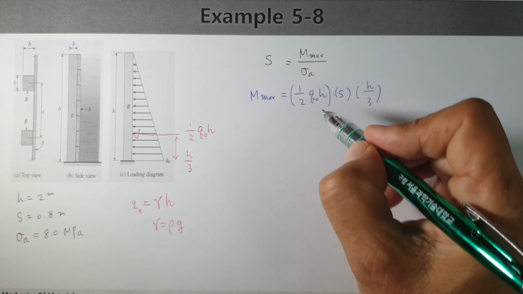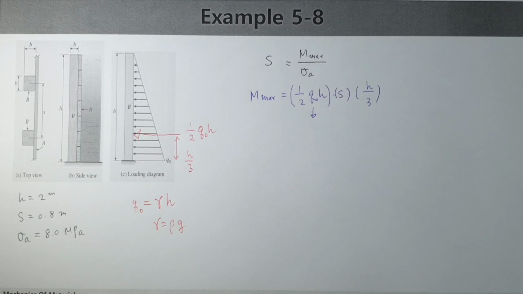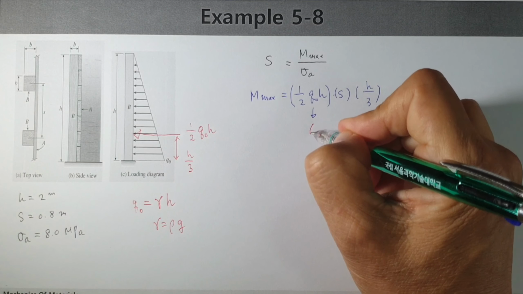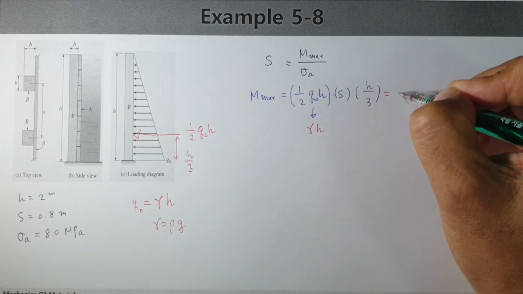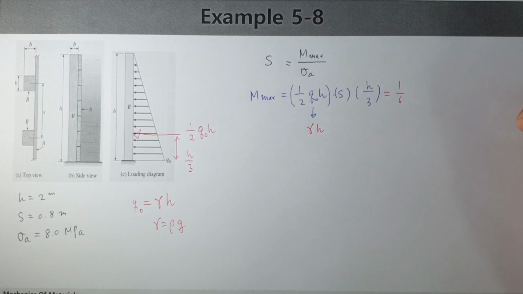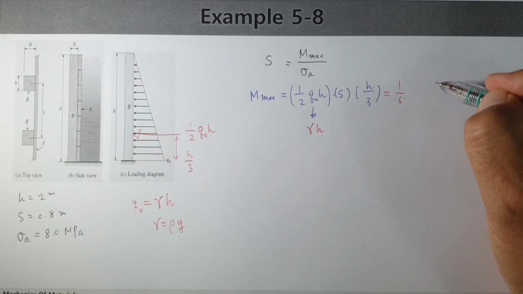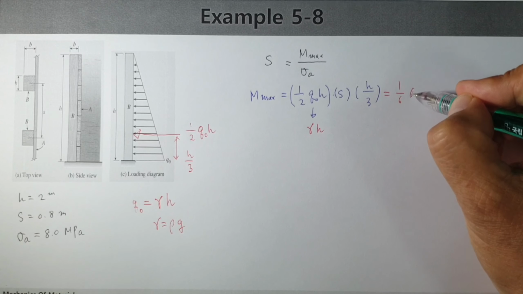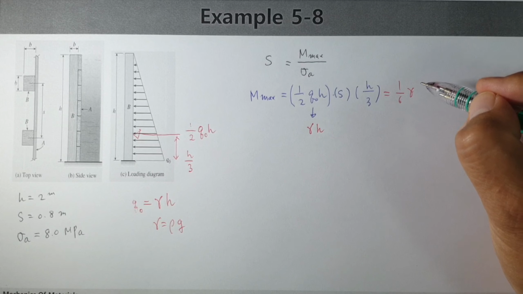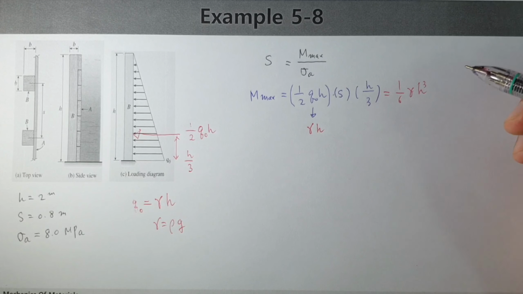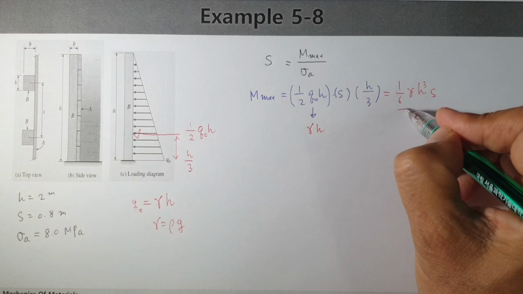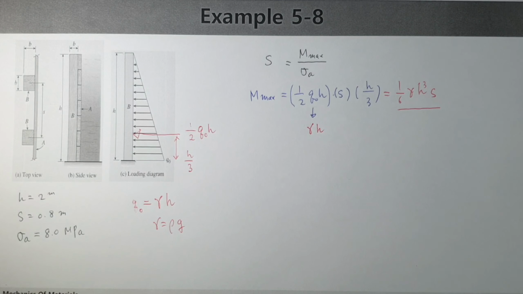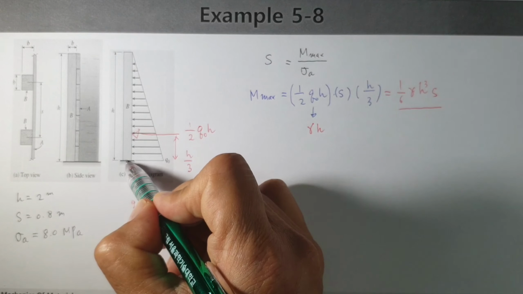Then Q0 is gamma H. This one is what? Gamma H. When you consider this one, then 1/6 and gamma H³ and S. This value is the maximum bending moment, which is acting at this position.